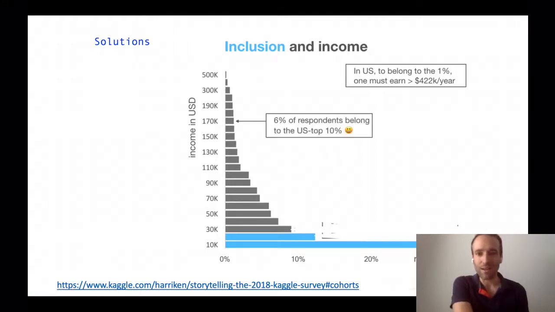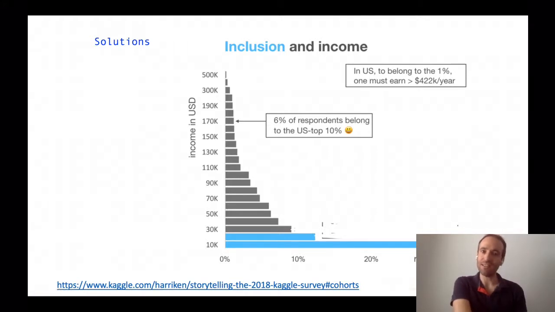However, if you look at lower percentiles, like so to belong to the top 10% earners in the US, one needs to earn $166,000. And more or less about 6% of the respondents fit that description.